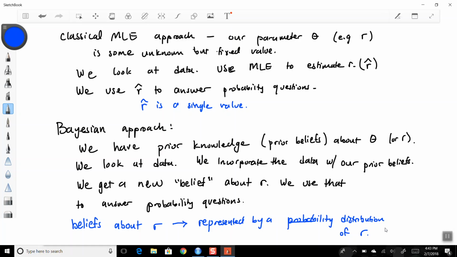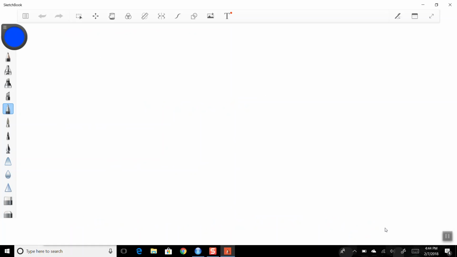With the Bayesian approach, our beliefs about R are represented by a probability distribution, okay?